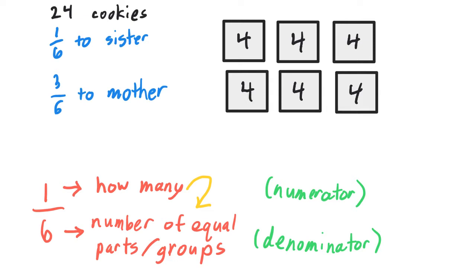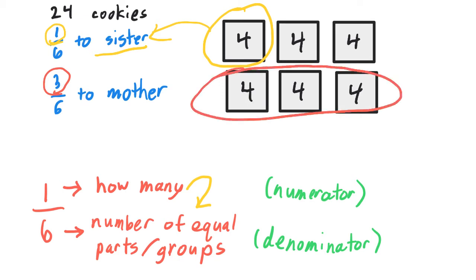And now, what do we have? Well, the sister has 1 of those groups, so this goes to the sister. And the mother, she's got 3 of the 6 groups, so that's going to the mother. So the sister is going to get 4, right?